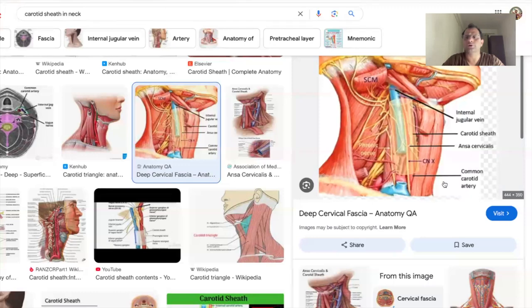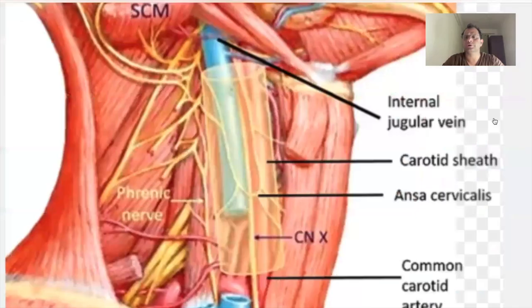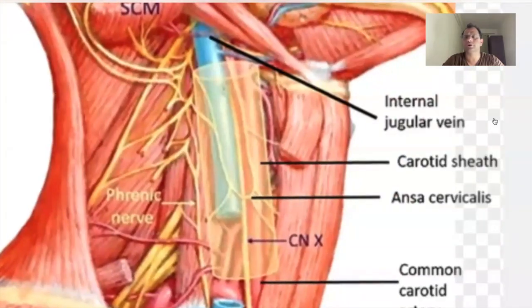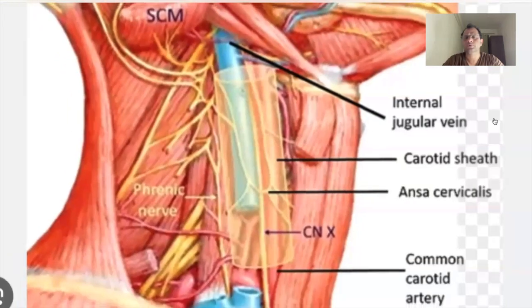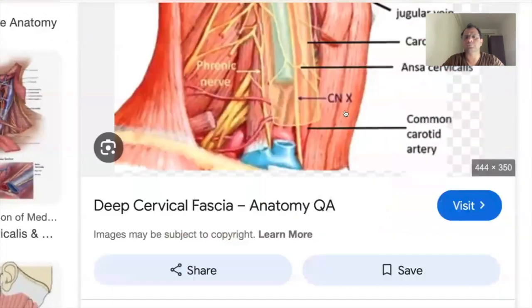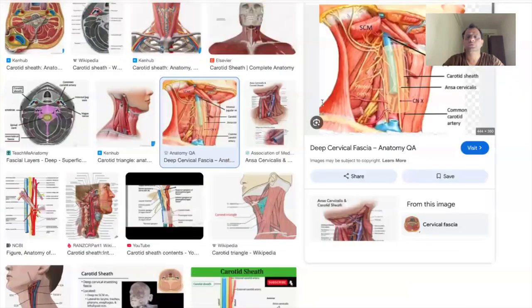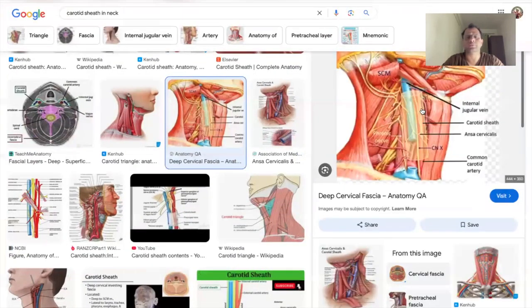I told you common carotid artery, and one vein, internal jugular vein, who is bringing blood back, and one nerve that is called vagus nerve, 10th nerve. So it becomes a very important point here.